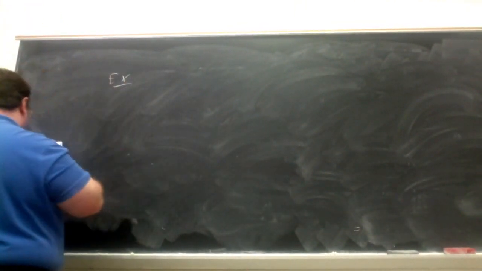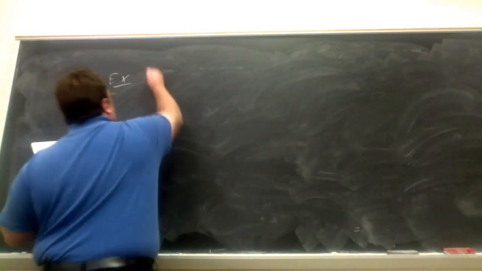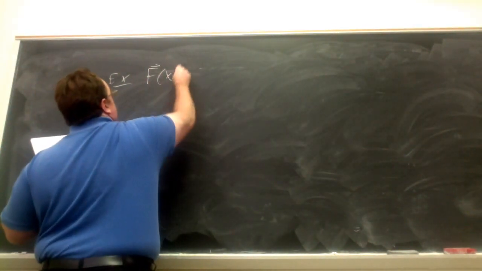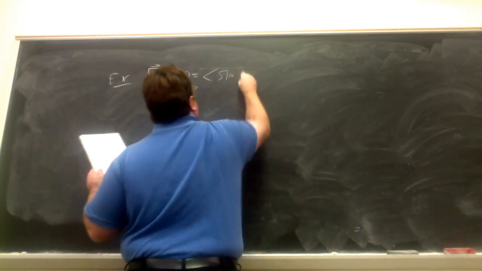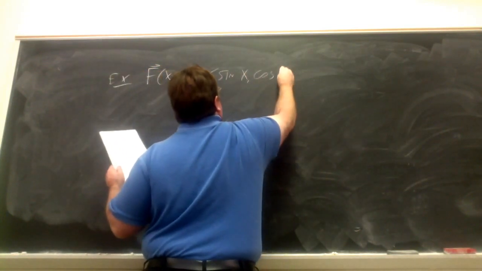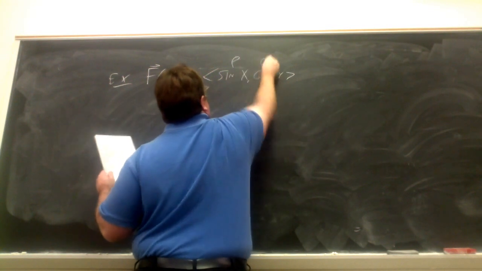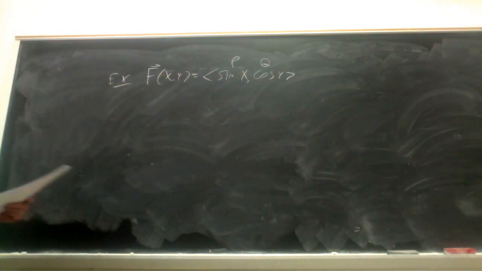For the next example, this will just be a two-dimensional integral. So your vector field is sine x cosine y as your p, and that is your q. We don't have an r because we're in two dimensions.